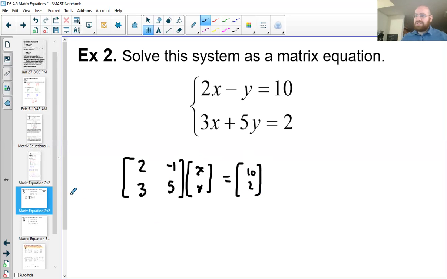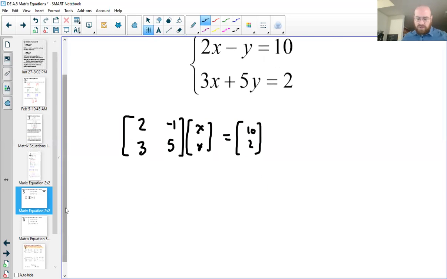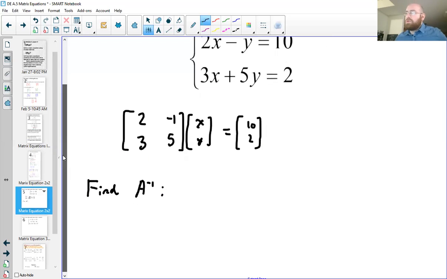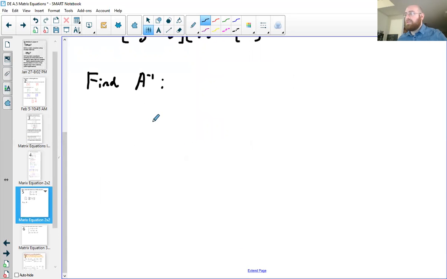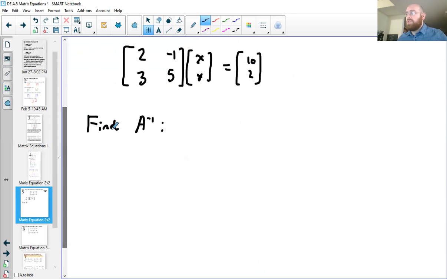Our first step is to find the inverse of A. So find A inverse. I'm going to begin by augmenting our matrix with the identity.